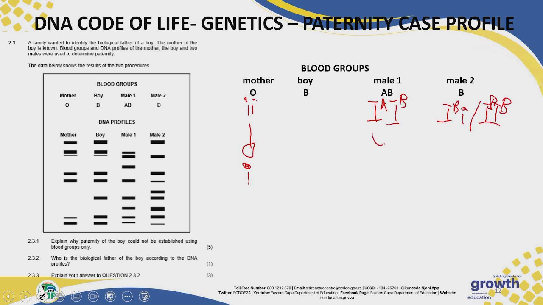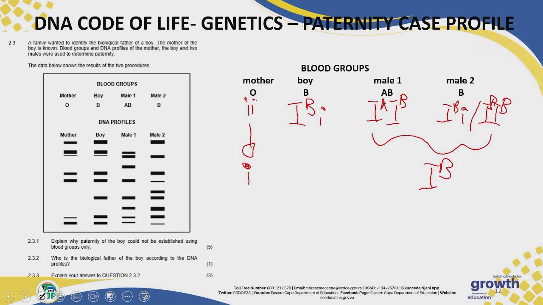Then 2 males, both of them, they do have the IB allele, which means that we can't rely on the blood groups, because the males both could give that boy the IB allele. So the genotype of the boy is going to be IB small I. They get the small I from the mother, and then the capital IB, they get it from the father.